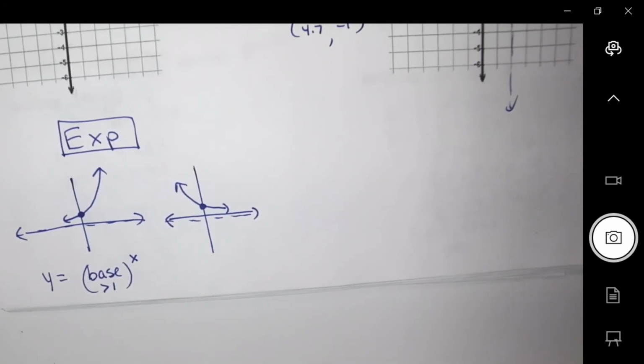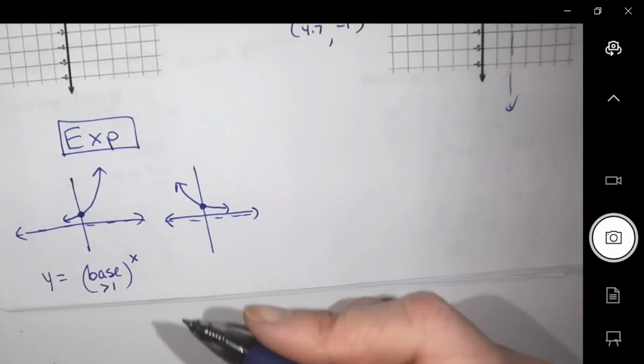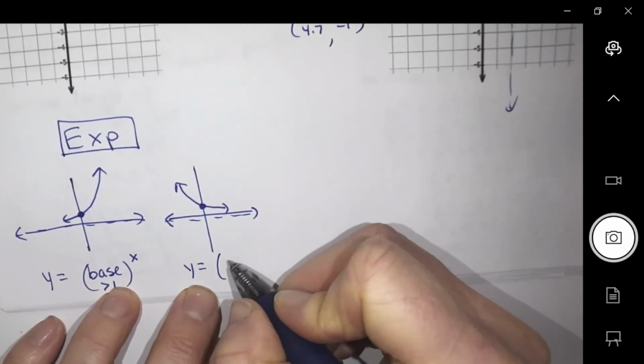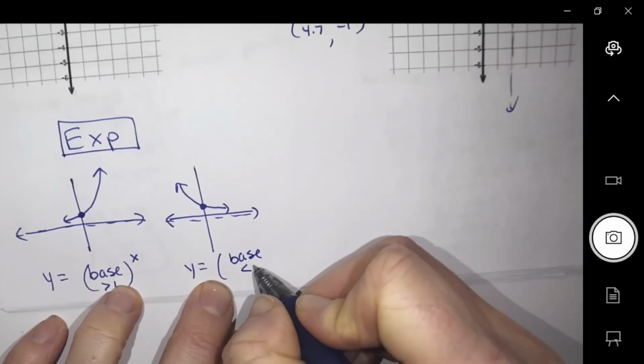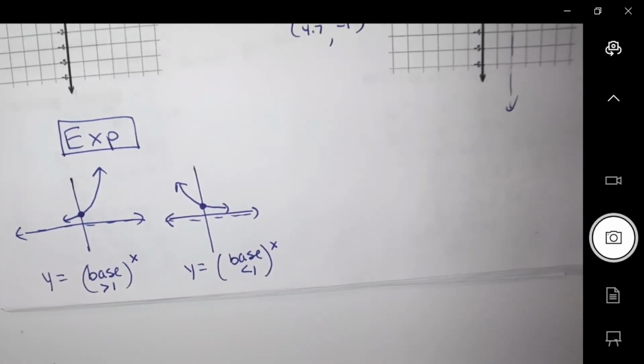How do I know when it grows exponentially? If your base is bigger than 1, something will grow. So if my base is 2, it's telling me my population is doubling today. Doubling. It's growing. And this would be if my base is less than 1, so a half.